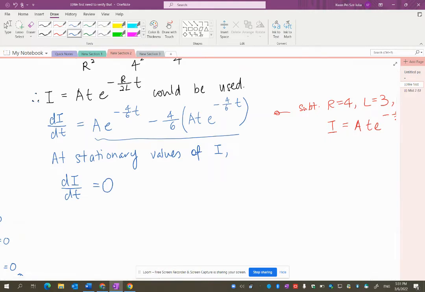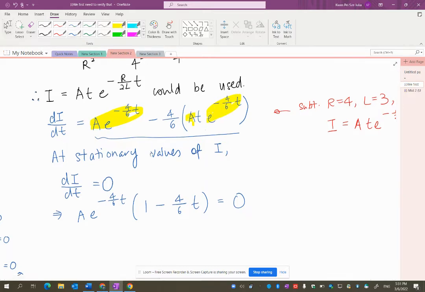Okay, so let's factor out the common factor. We have a common factor A e to the power of minus 4t over 6, and this is 1, this will be 4 over 6t. So I take out this common factor from both terms.